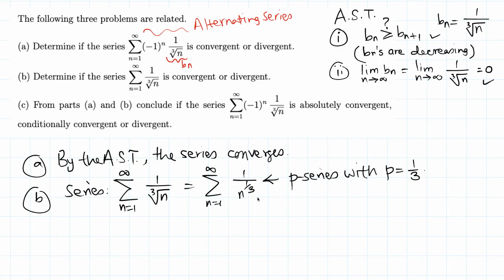And we know that when a p series has p less than or equal to 1, the series diverges. In fact, p strictly less than 1 implies the series diverges.